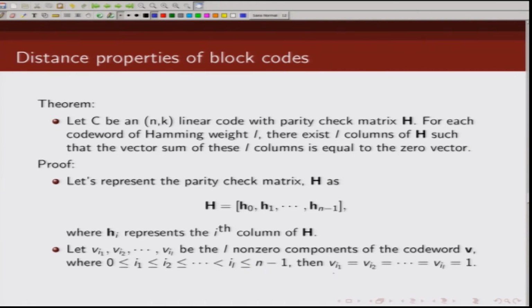And since these are the non-zero components of the code word, at these locations V will be 1, and at other locations where there are 0 components, the values of V will be 0.